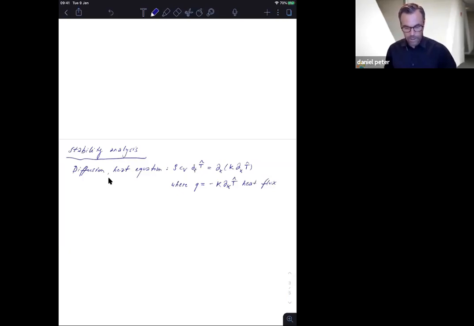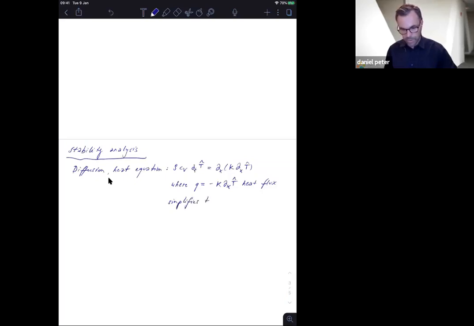And in case the conductivity kappa here doesn't depend on position, so it's just a homogeneous medium, we can simplify it a bit.